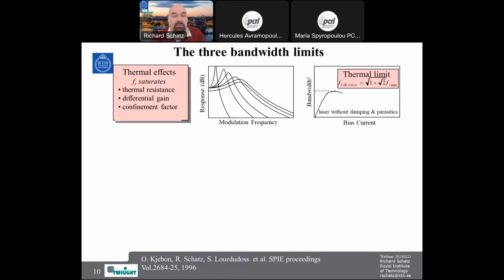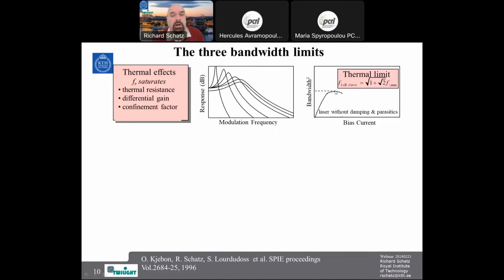And when you heat up the laser, both the transparency carrier density goes up and the differential gain goes down, and also the photon density goes down, and then you don't get improved bandwidth anymore. So this gives a thermal limit.